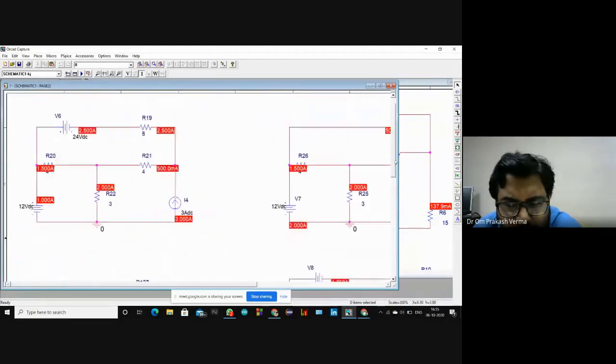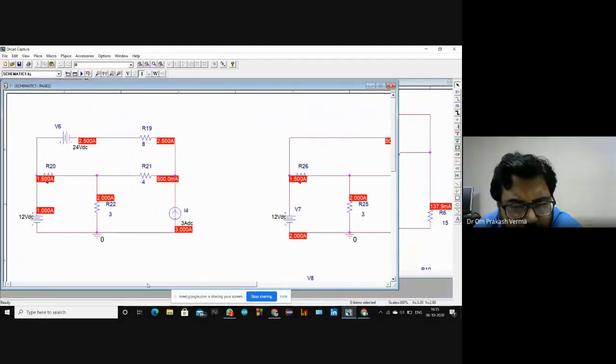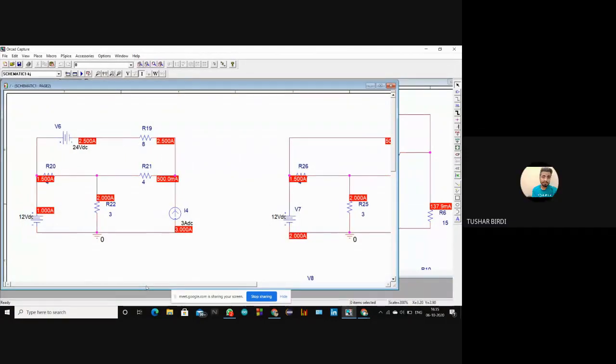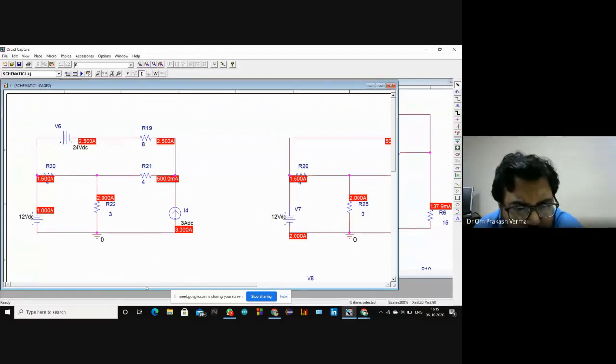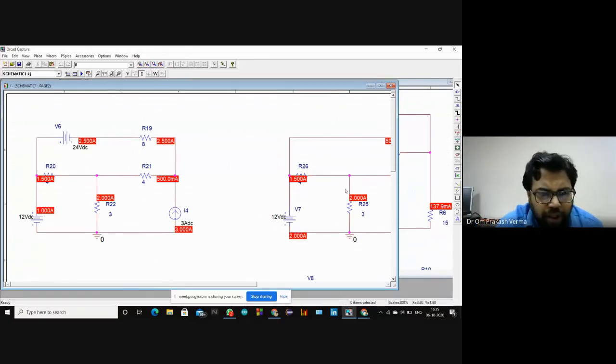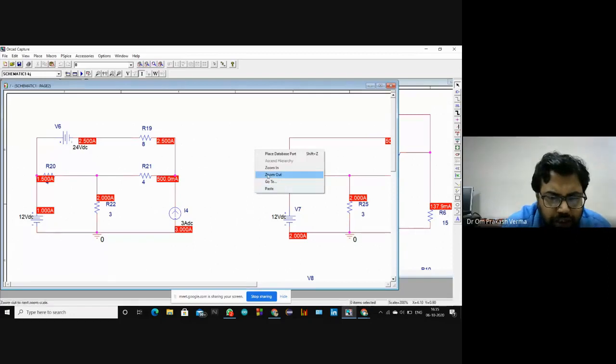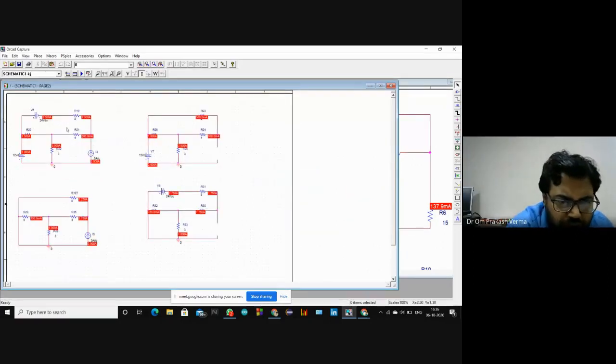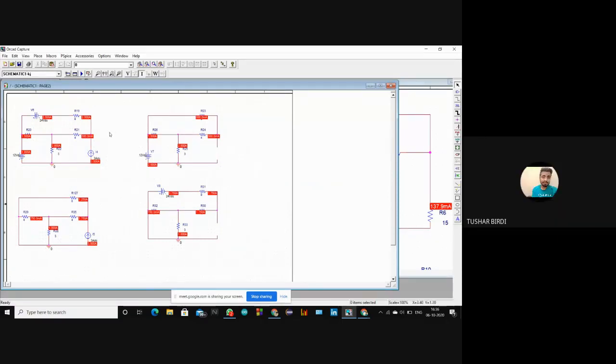Now everyone can see. Your current in the 8 ohm resistance is 2.5 ampere, right? Yes, sir. Overall it is 2.5 ampere, and the current inside the 3 ohm resistor is 1 ampere. Just zoom it.